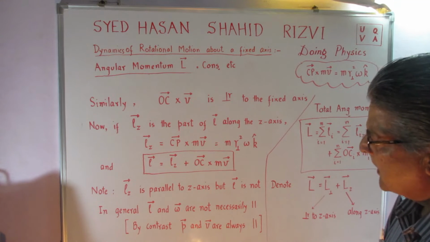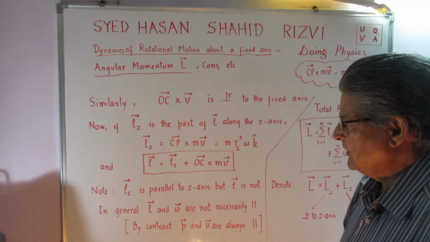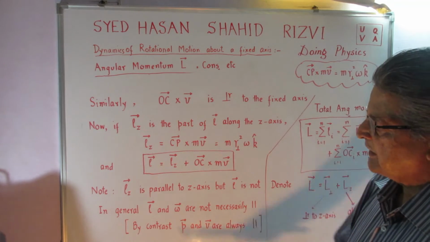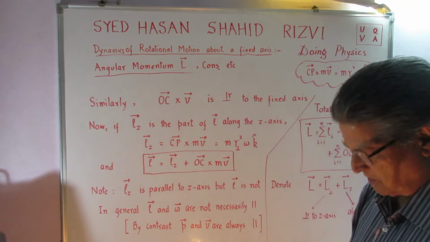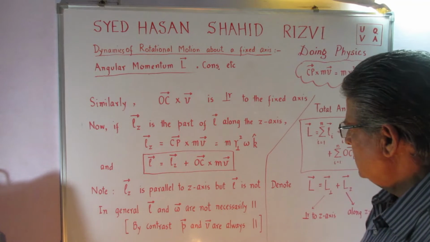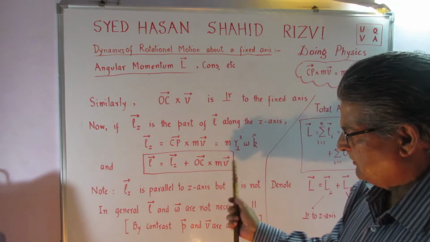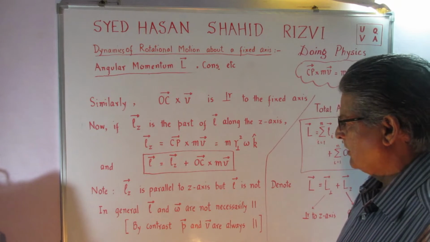Now, if I write this L in two components, and say that Lz is the component of L, the angular momentum, along the z axis, the other part is a perpendicular part.